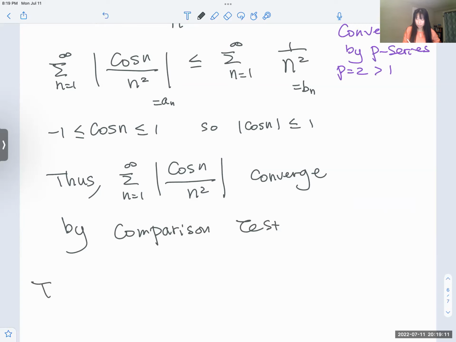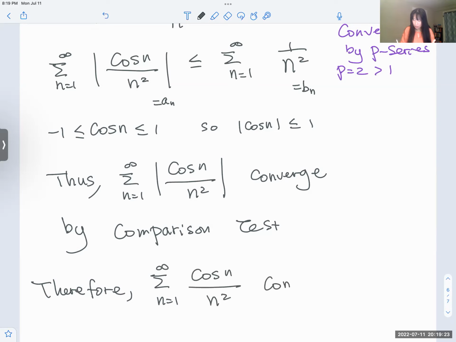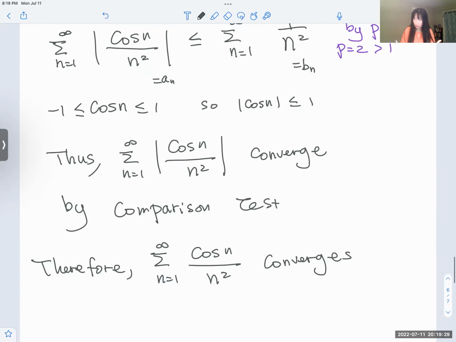So the original series converges absolutely. Absolute convergence. Absolutely converges.